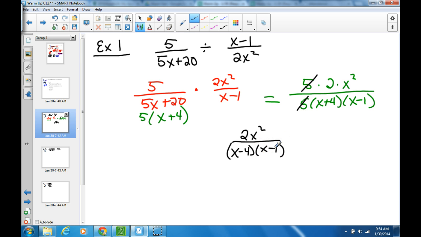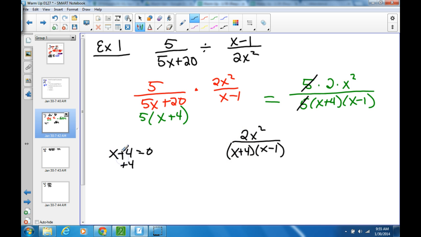What are my excluded values in this case? Positive 4, right? Yep. So what you do is you take each of these and you set them equal to 0. So x plus 4 equals 0, and solve for x. Oh, you're right. Sorry.